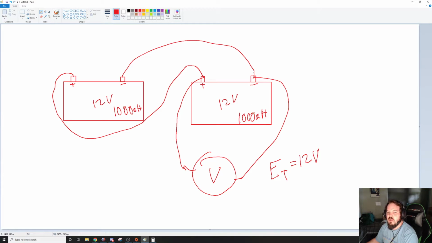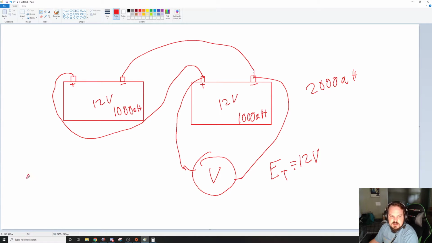That's what an amp hour is. If you connect two 1,000 amp hour batteries together in parallel, you get 2,000 amp hours. Pretty simple.